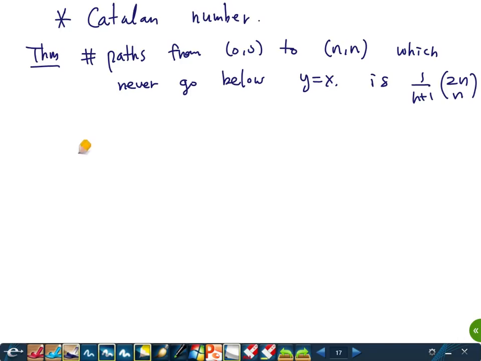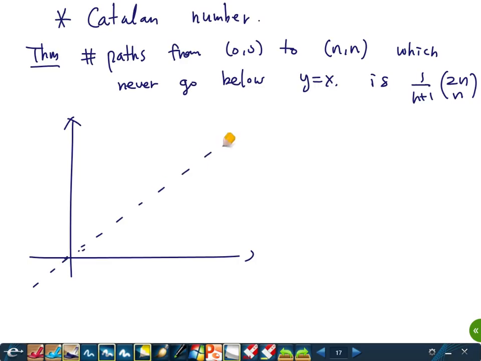Okay, so for example, this is the line y equals x. We want to compute the number of paths that stay on or above this line, something like that. We want to have paths that never go below this line.